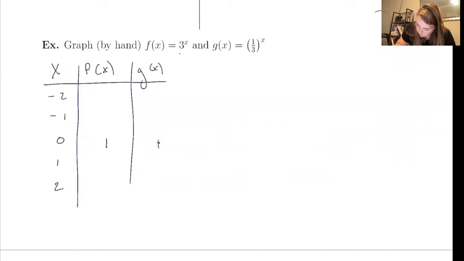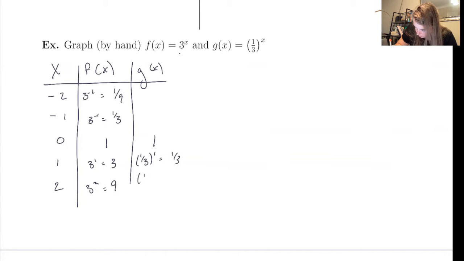3 to the 1 is just 3. 3 squared is 9. 3 to the -1 is 1/3. And 3 to the -2 is 1/9. Okay. So 1/3 to the first power is just 1/3. And 1/3 squared is going to be 1 squared over 3 squared, which is 1/9.